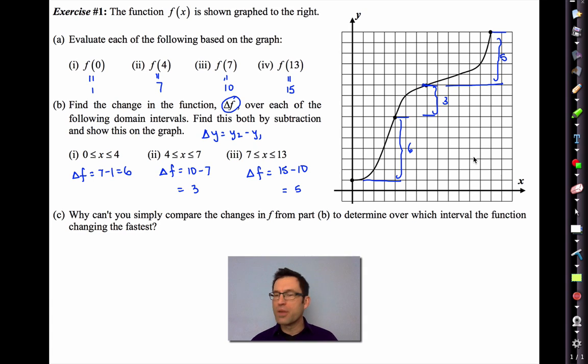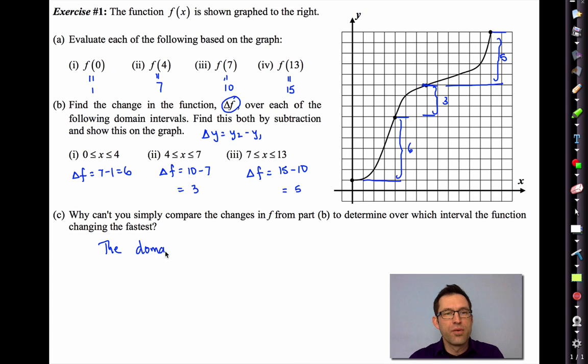Well, we can't do it because the domain intervals, the x's, aren't the same size.